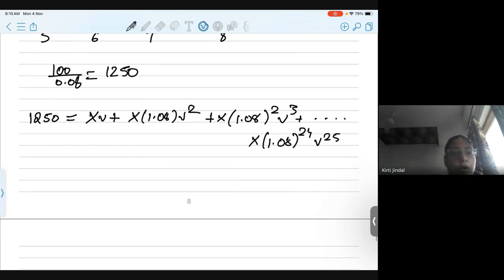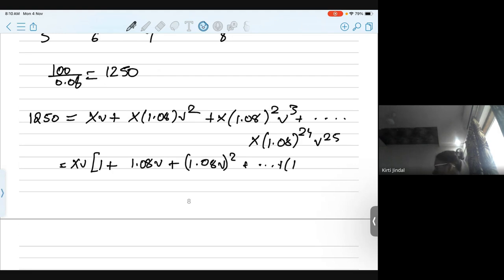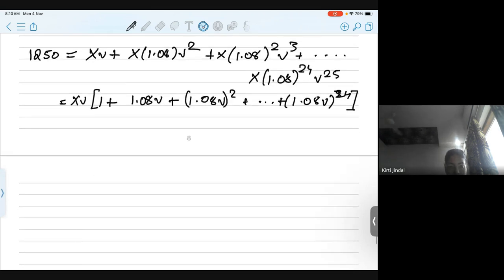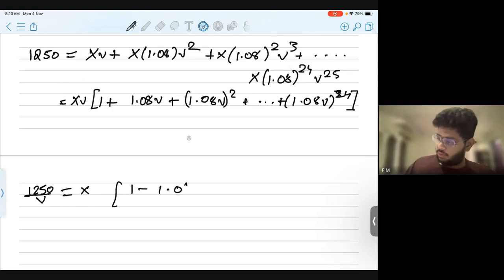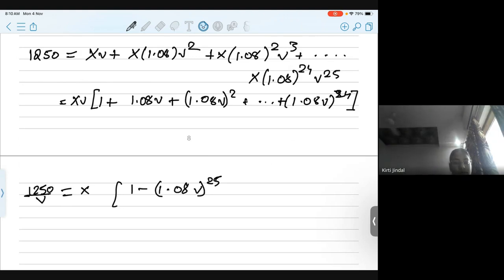Take Xv common. 1 minus (1.08 v) whole power 25 upon 1 minus 1.08 v.